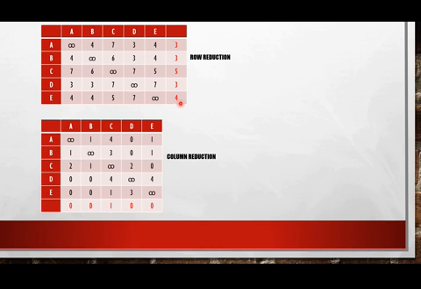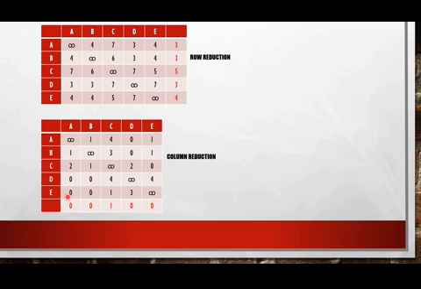So perform row reduction. The result that I get is infinity 1, 4, 0, 1. 1, infinity 3, 0, 1. 2, 1, infinity 2, 0. 0, 0, 4, infinity 4.